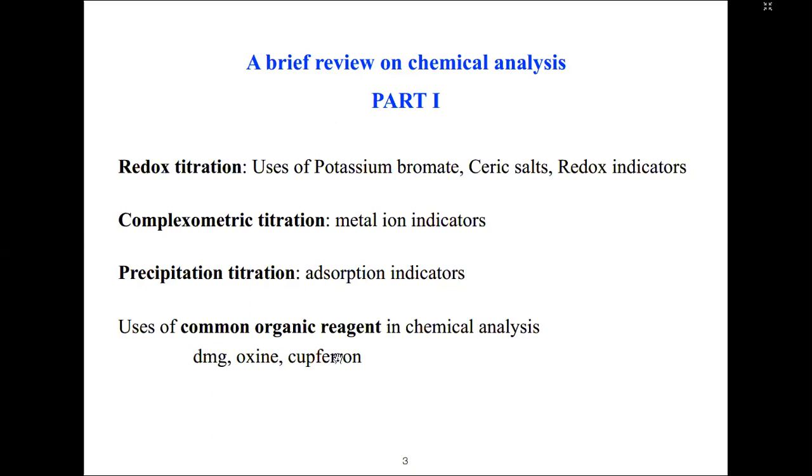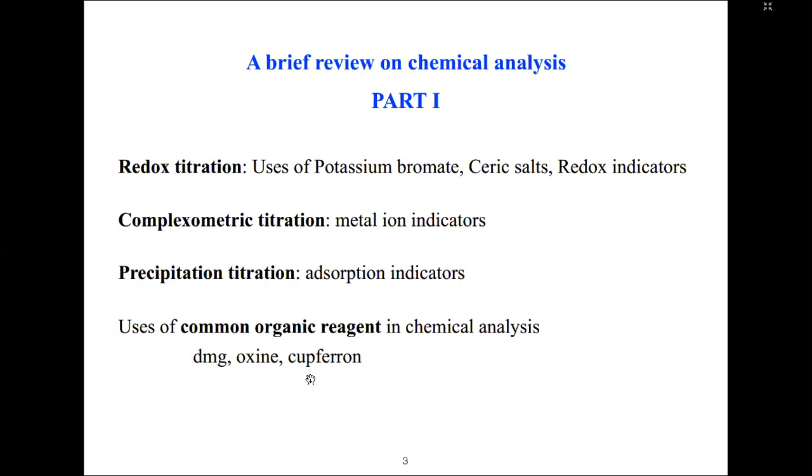However, these three are organic reagents that will be used in chemical analysis of inorganic compounds. We are more focused on the uses of these compounds, so it is mostly theoretical. You have to study on your own what the uses of DMG, Oxine, and Cupferron are. There is very little I can help you with.